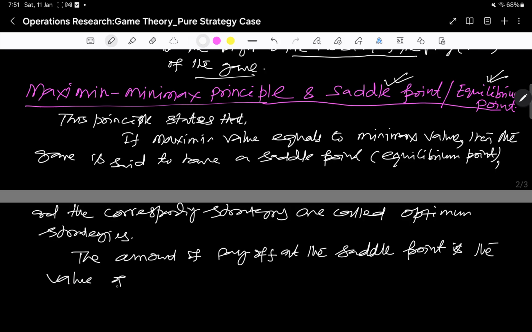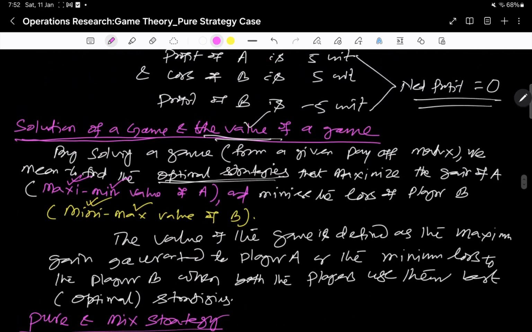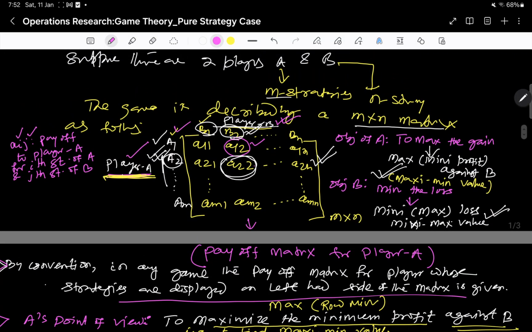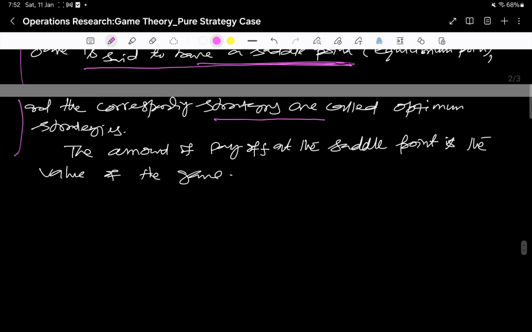So the principle states that if the Maximin value equals the Minimax value, then the game is said to have a saddle point, and corresponding to the saddle point, the strategies are called the optimal strategies. For example, suppose this is my saddle point, then this is the best strategy for B and this is the best strategy for A. Similarly, more than one best strategy may be there.